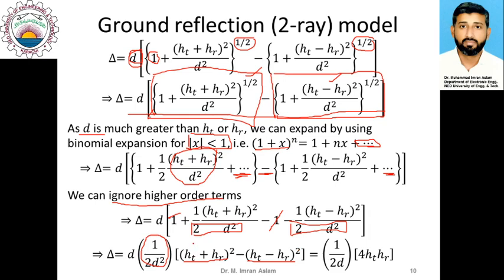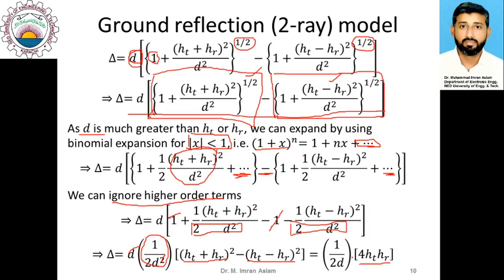And these two terms can be expanded by using the a plus b whole square and a minus b whole square formulas, which are simple mathematical formulas. If you expand these two terms by the appropriate formula, you would get the value of 4 ht hr in this square bracket, and on the outer side this d would cancel one of the powers of this d square, so you will end up with 1 upon 2d.